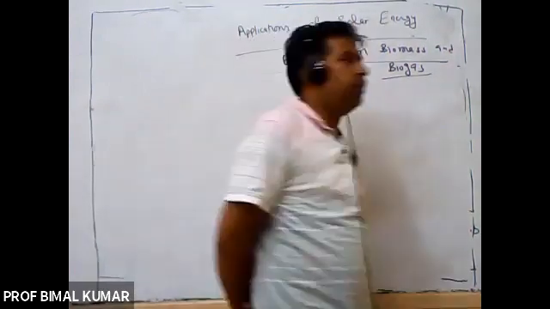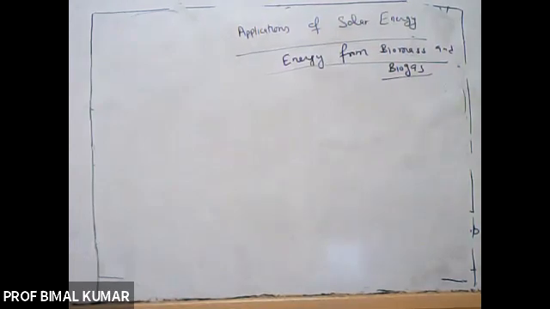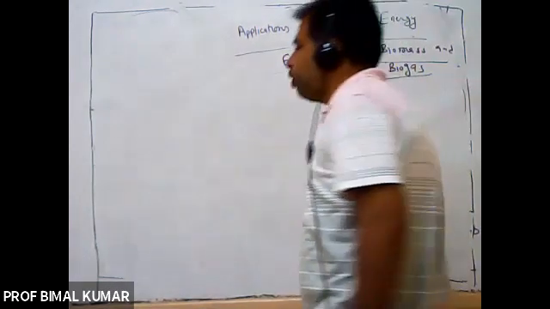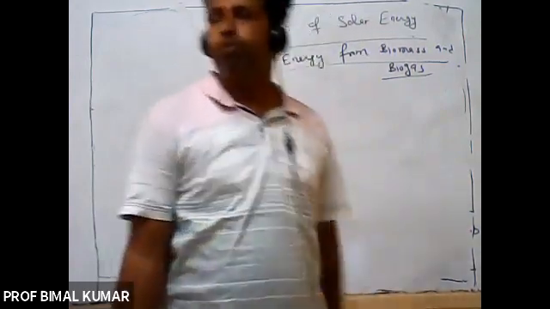Another category in solar electrical appliances is the solar thermal effect. Here I am taking the example of the Seebeck effect or the Thomson effect.